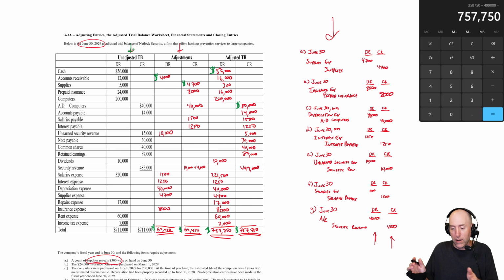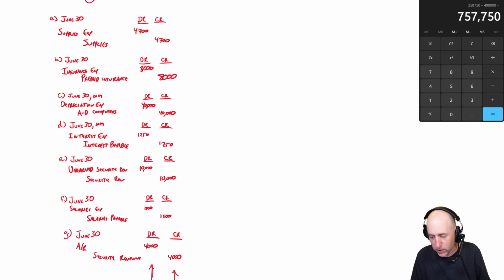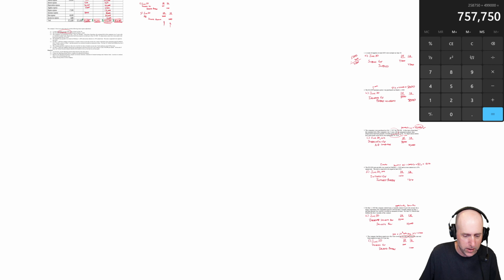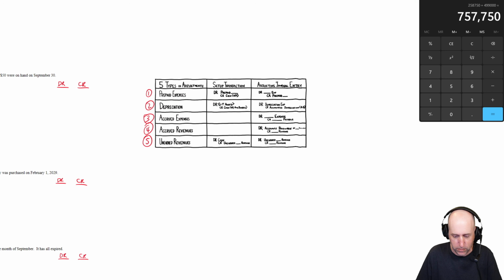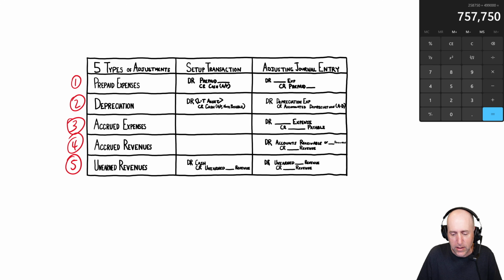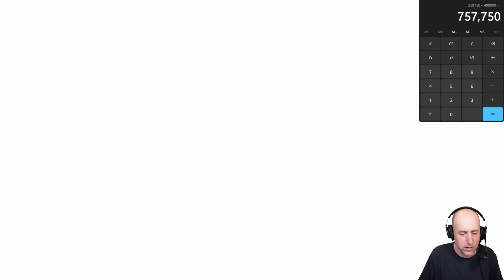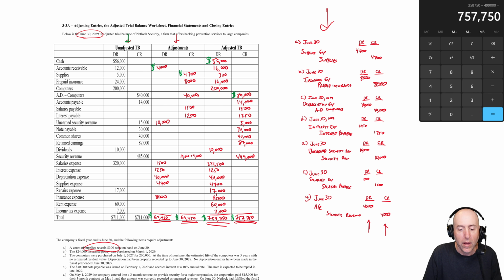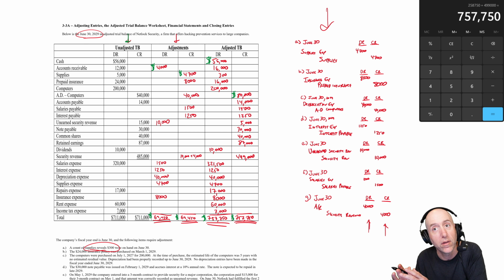Chapter 3, we prepare adjusting journal entries, what we've done over here based on the table. I moved it somewhere. Anyway, you guys have seen the table. So based on that table, I prepare adjusting journal entries. Those allow me to go to an adjusted trial balance.